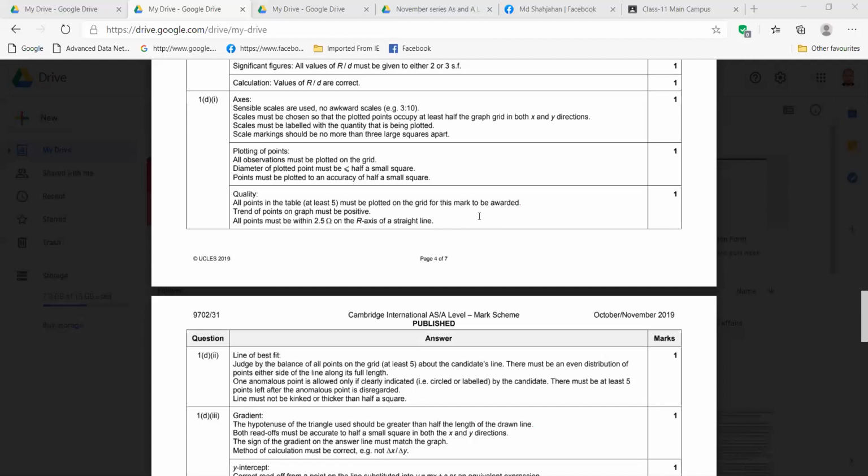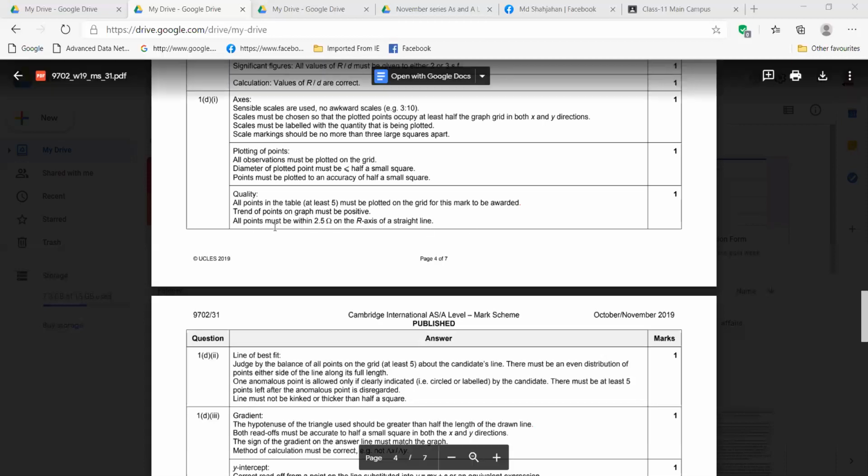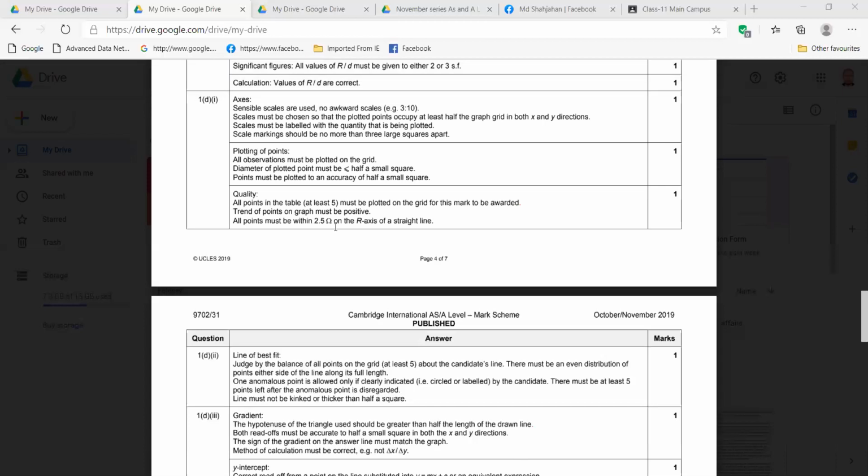How much? 4 ohm far away, isn't it? If you do something like that, then you are losing the mark. All points must be within 2.5 ohm on the R-axis of a straight line.